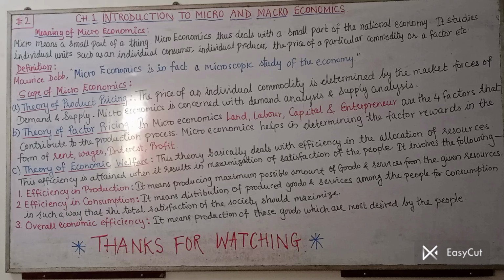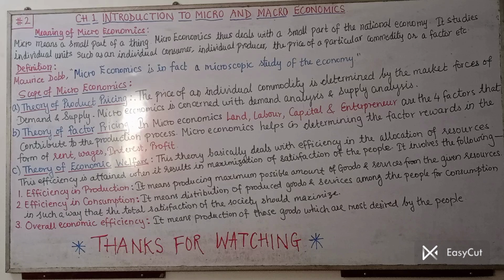That means whatever reward these factors get in return for their contribution to the production process, that reward determination is done by microeconomics. For example, land is rewarded with rent, labor earns wages, capital gets interest and entrepreneur is rewarded with profit. So these factor rewards, that is rent, wages, interest, profit, are determined with the help of microeconomics.